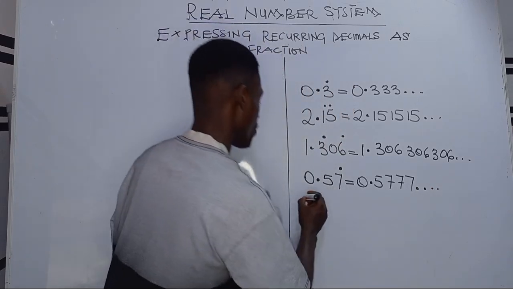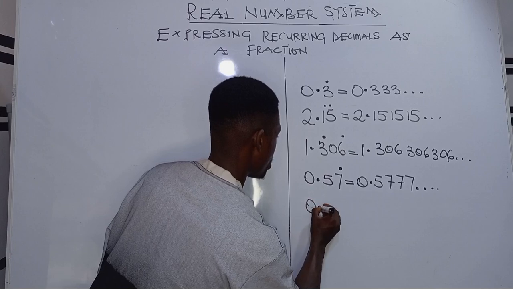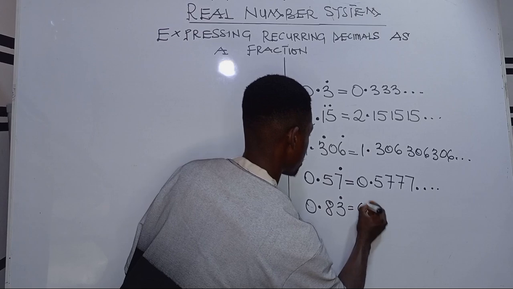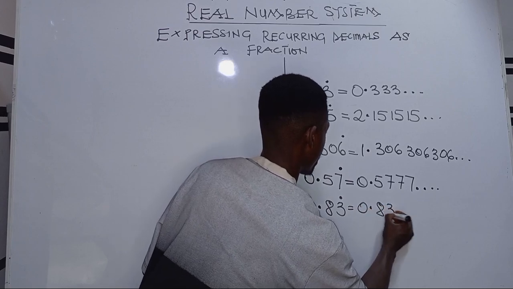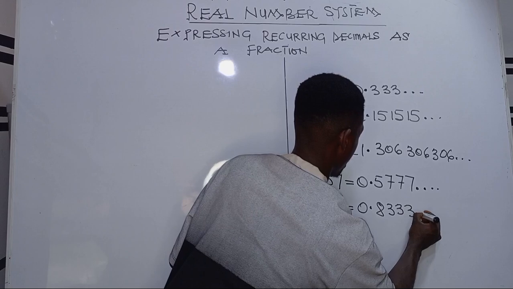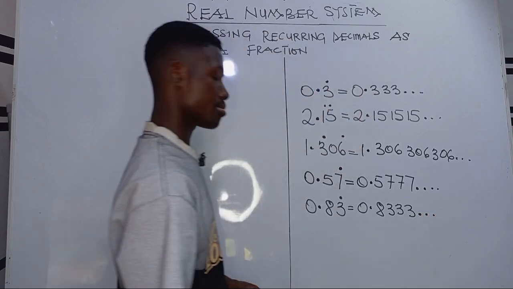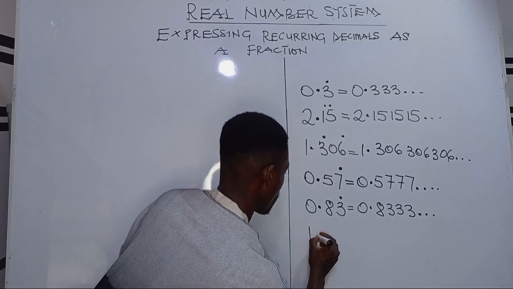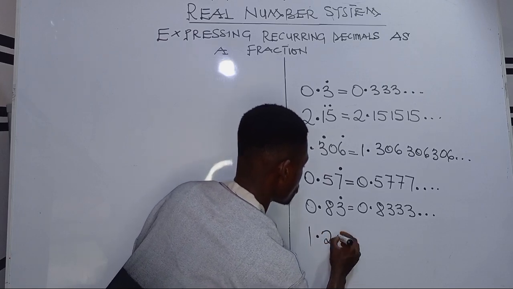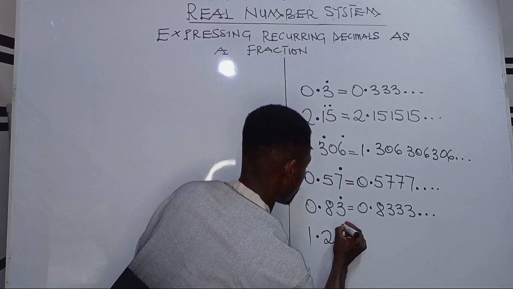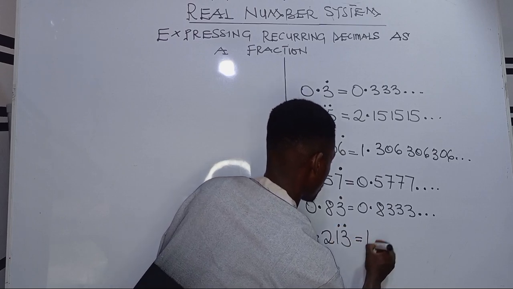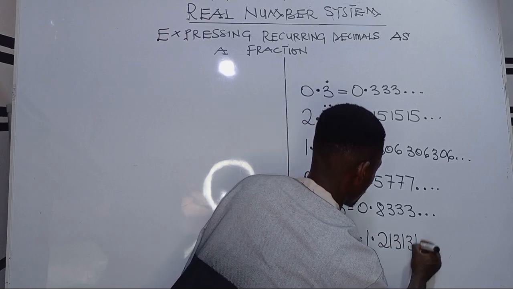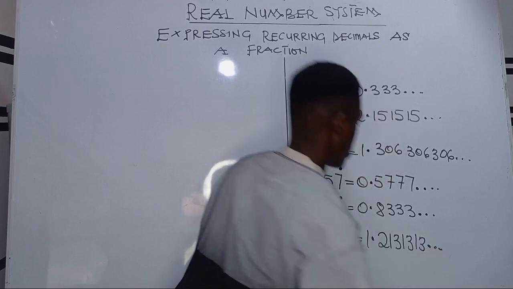We can also look at a question such as, let's say, 0.83 dots, which is the same as 0.8333 up to infinity. We can also look at this 1.213 dots, which is the same as 1.2131313 up to infinity.